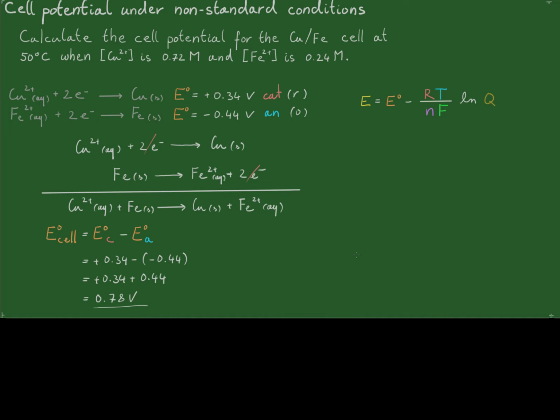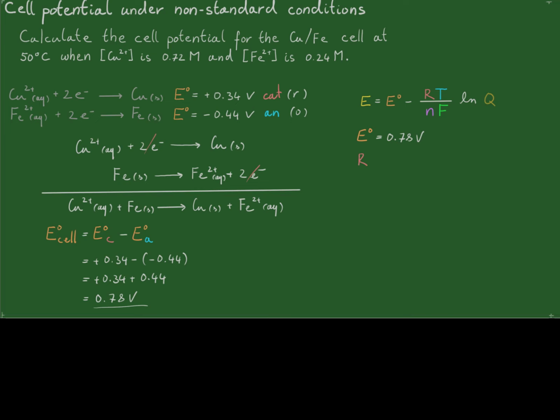All right. However, we need to calculate the cell potential under the non-standard conditions given up here in the question. So now let's have a look at the Nernst equation and what all of these letters mean. Well, E naught, that is our E naught cell, and we have just calculated that. So I can write that E naught equals 0.78 volts.